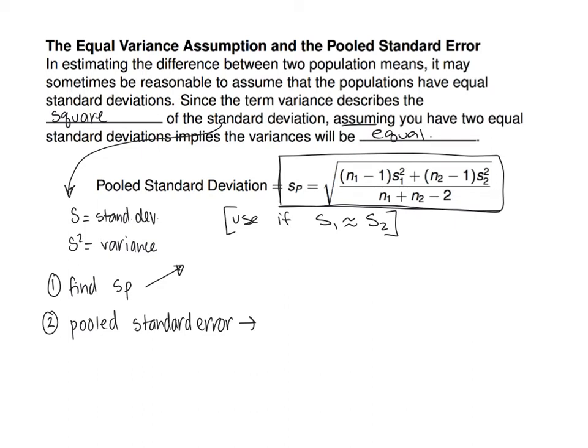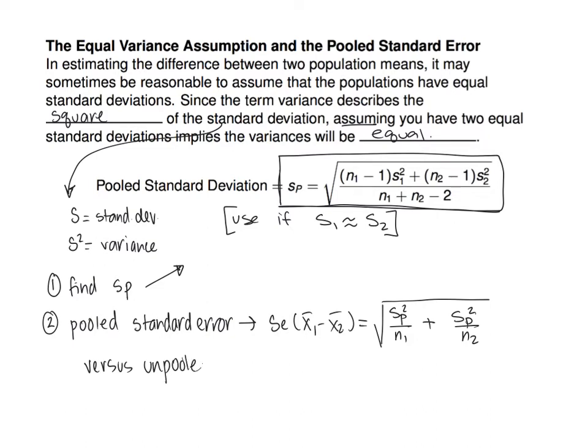SE of x1 bar minus x2 bar, in this case, is equal to the square root of s_p squared over n1 plus s_p squared over n2. Versus the unpooled, which was like this: s1 squared over n1 plus s2 squared over n2.